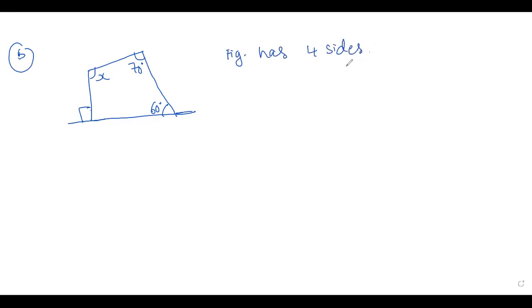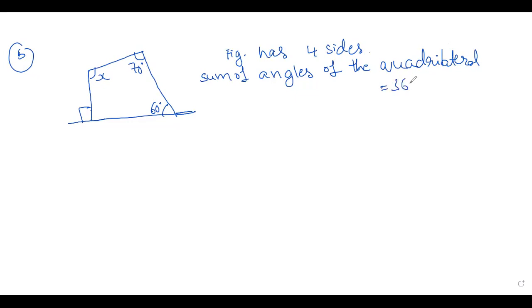So we know that it is a quadrilateral, the sum of the angles of the quadrilateral. For each and every question, you have to write all these, children. Sum of angles of a quadrilateral is equal to 360. Okay, now I'm writing.